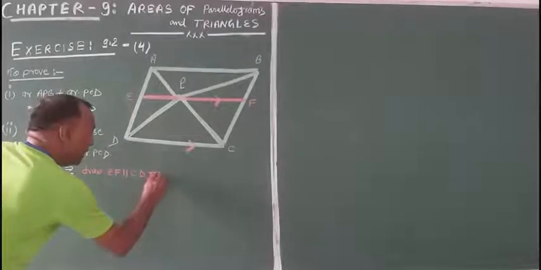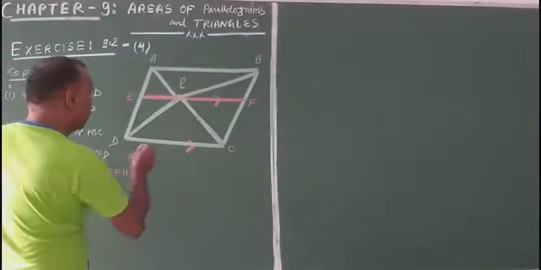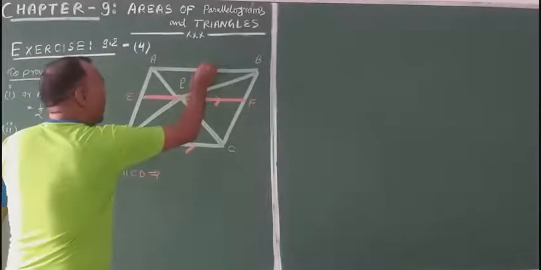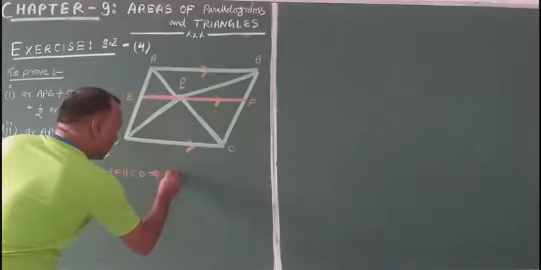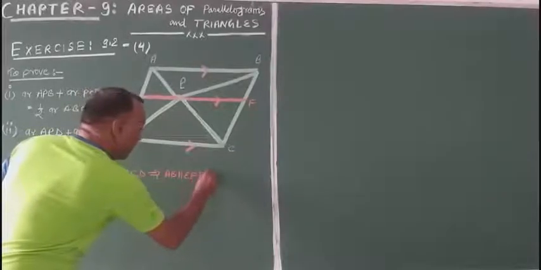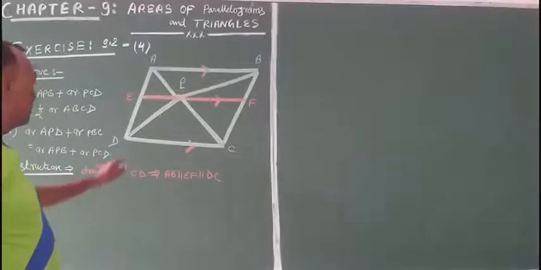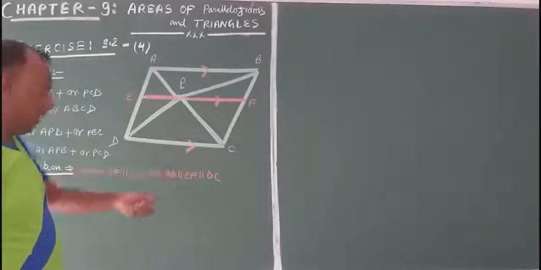Since DC is parallel to AB, this implies all these three lines are parallel: AB parallel EF parallel DC. Now since ABCD is a parallelogram, therefore AD parallel BC.